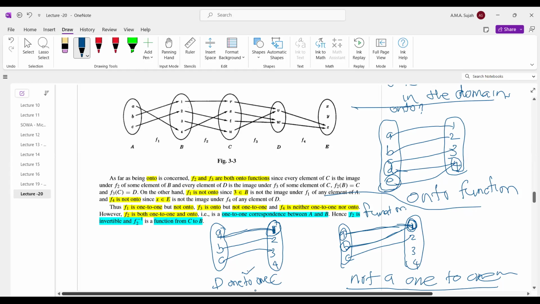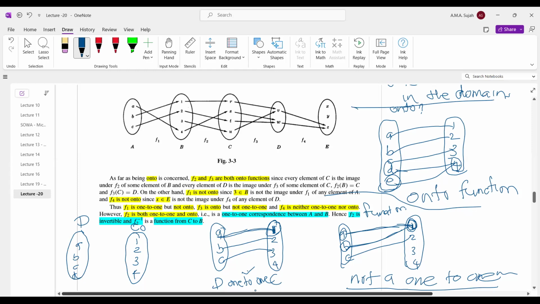If it is an onto function, in that scenario all the codomain elements have a relation with the domain elements, right? The important thing here: how many there are doesn't matter. Even if we have n elements in the codomain, those elements definitely have a relation with the domain.